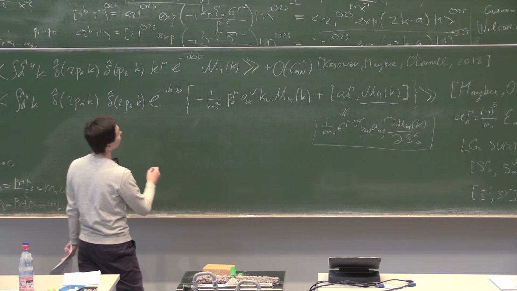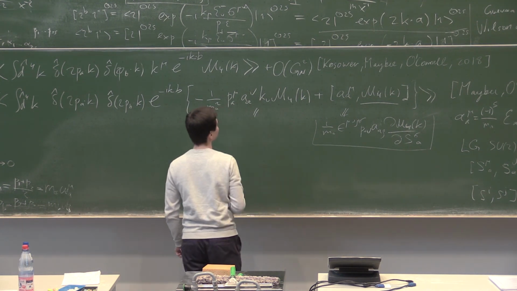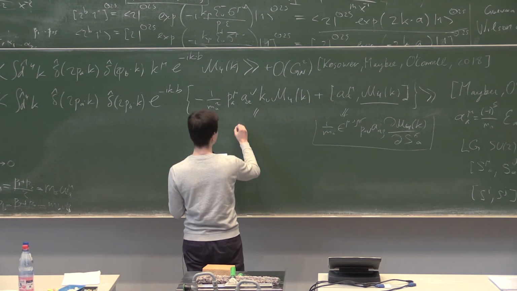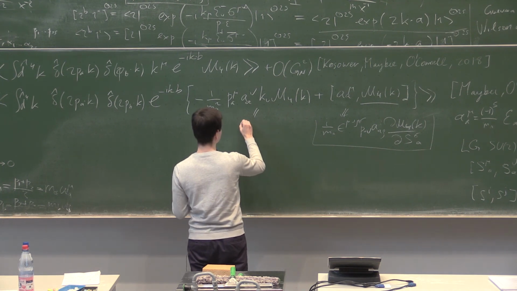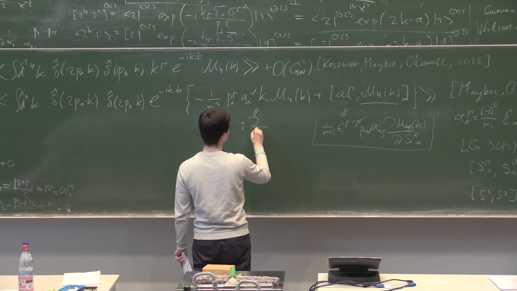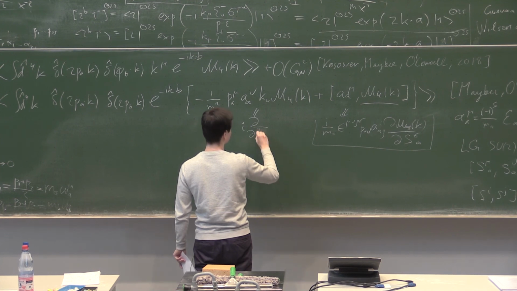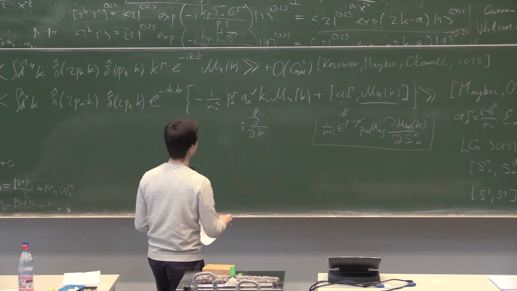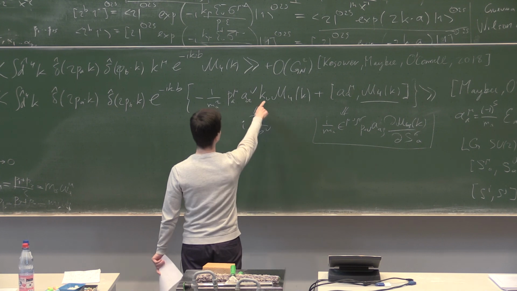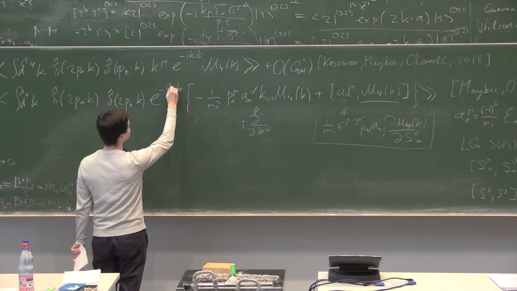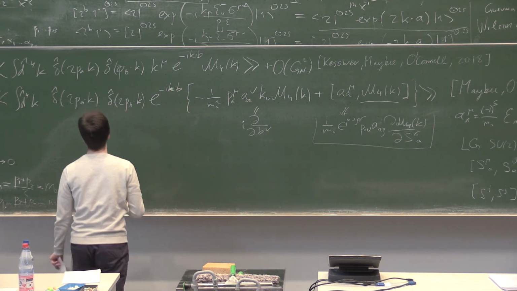And similarly, K nu is minus, no, is it? No, it's just plus i derivative over b nu, just because you can gain it from this exponent.